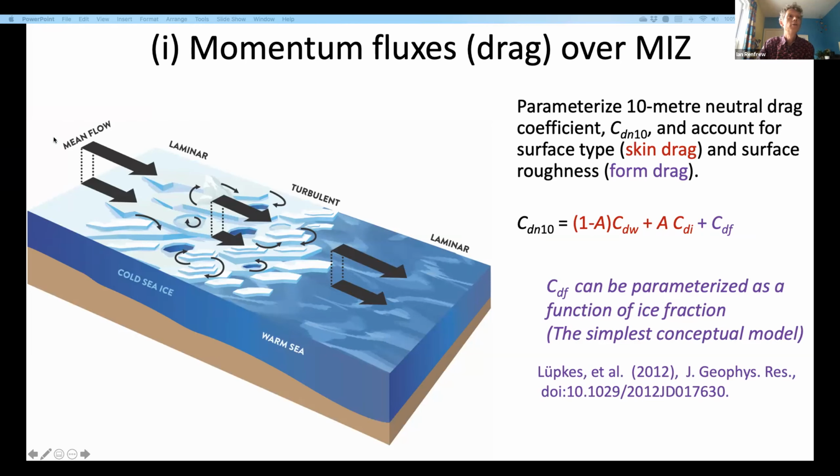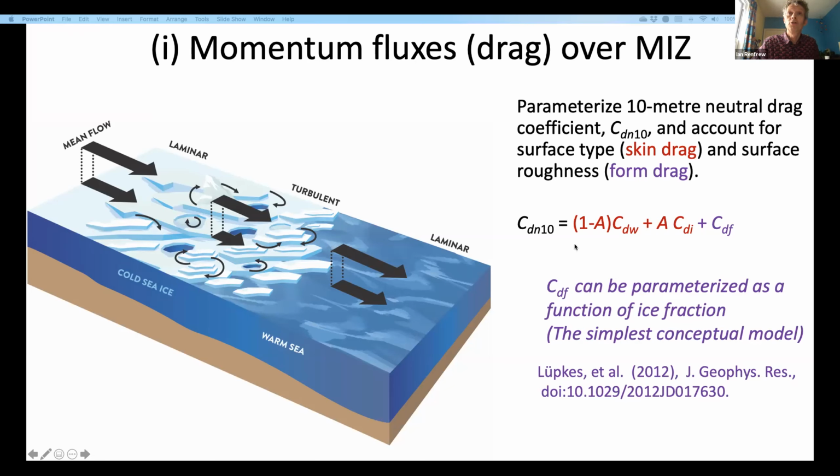And so you can imagine during this situation of cold air outbreak, cold air flowing from the ice pack over the marginal ice zone and further downwind, we're getting a deceleration of the mean wind as the atmosphere interacts with the ridges and melt ponds and other drag features within the marginal ice zone. So how do you cope with that in a numerical model? We'll be trying to address that sort of question in today's talk.